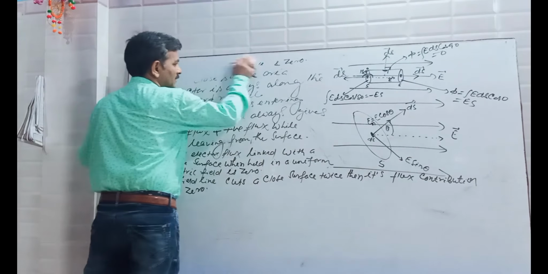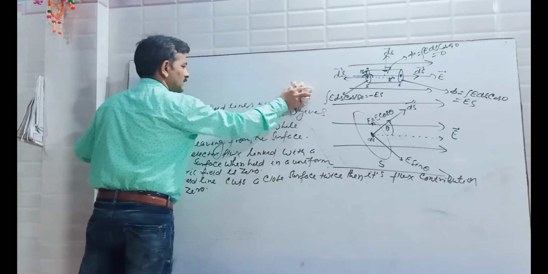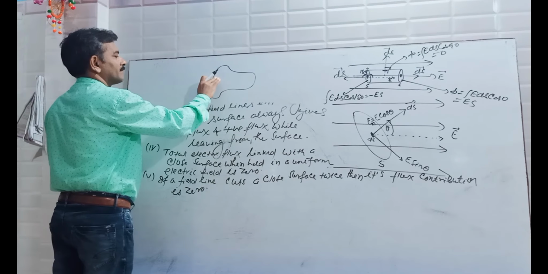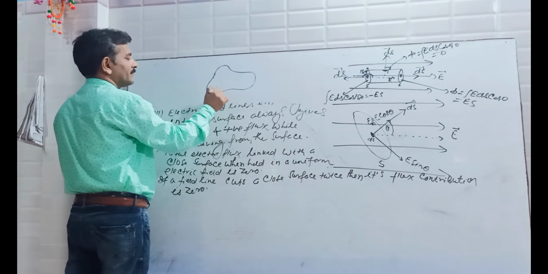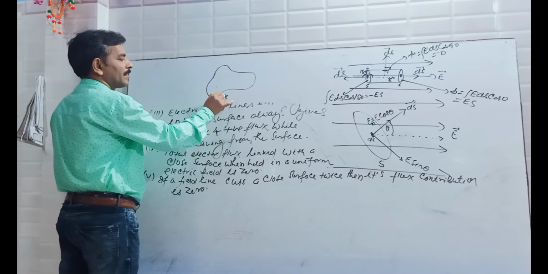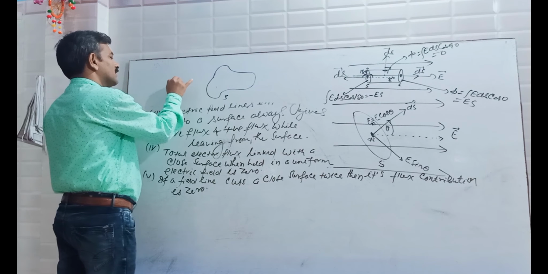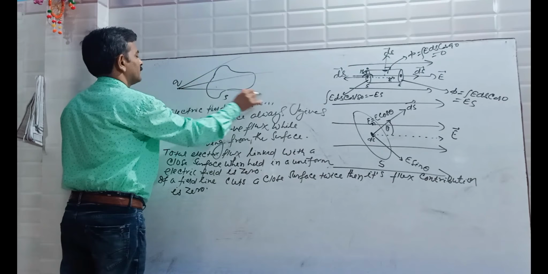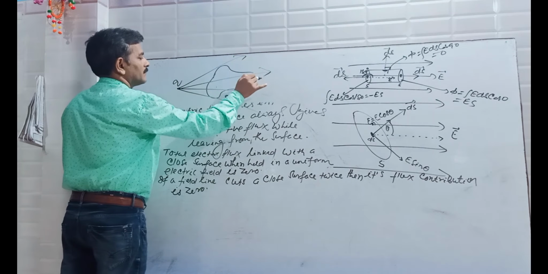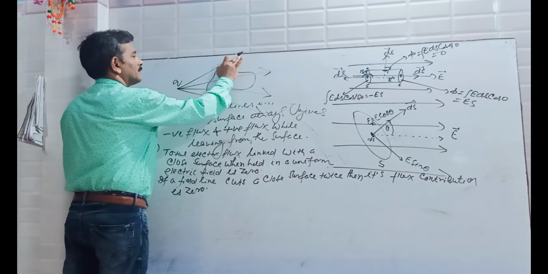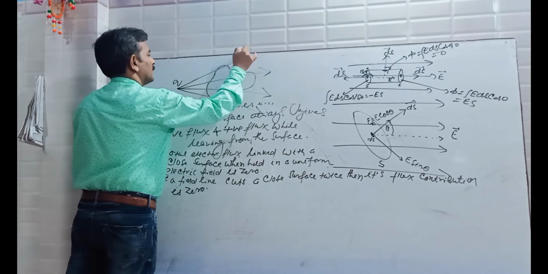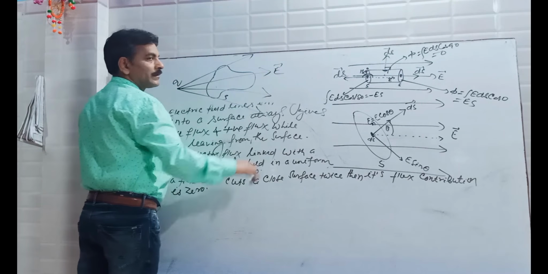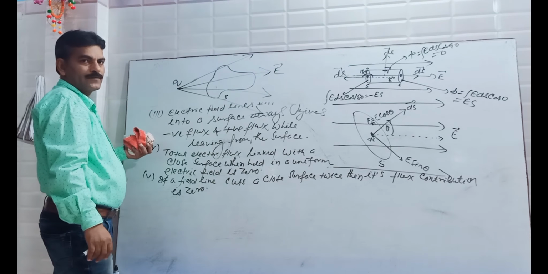How is the last point used? Concentrate on the last point. Suppose this is a closed surface of any shape. One charge is here. Then electric field lines are there.